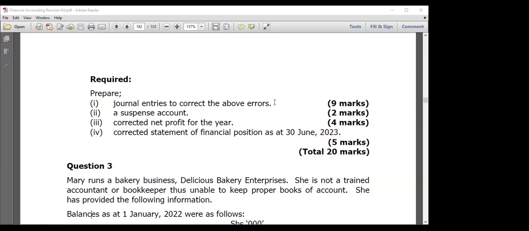Then if the scenario is asking you to prepare ledger accounts for those transactions, then they want you to prepare what we call the T accounts or the ledger accounts themselves, where you have to determine the balance brought forward, balance carried forward, what is posted on the credit side, what is posted on the debit side. So that is the difference. Journal entries is like a list. What we've done here, let me show you. This is what we call journal entries.